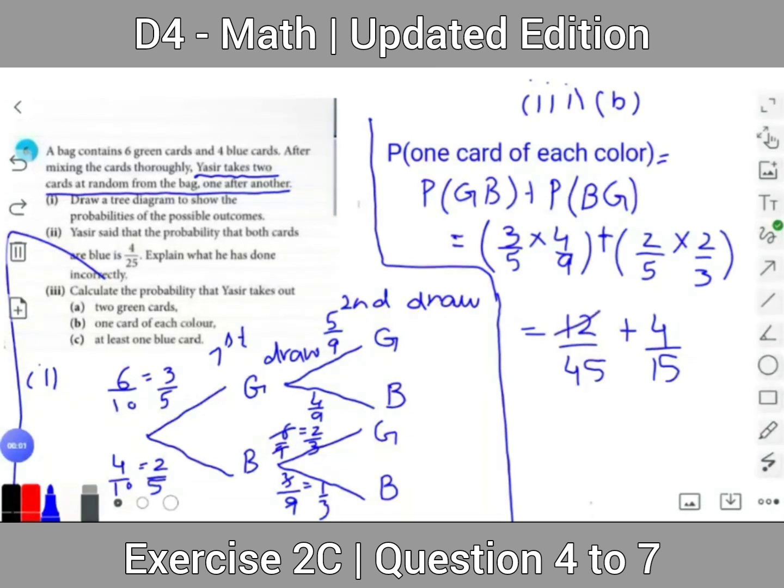We can further simplify 12 over 45, so it becomes 4 over 15. Now we have 4 over 15 plus 4 over 15, and after adding up we get 4 plus 4, 8 over 15. So the probability that the cards are of each color is equal to 8 over 15.